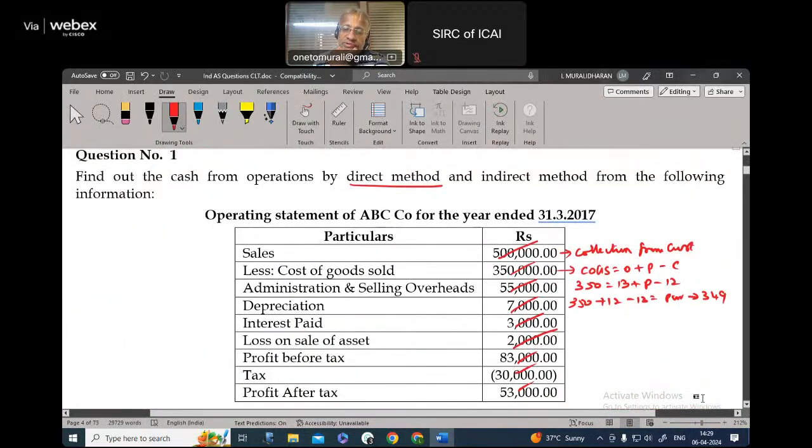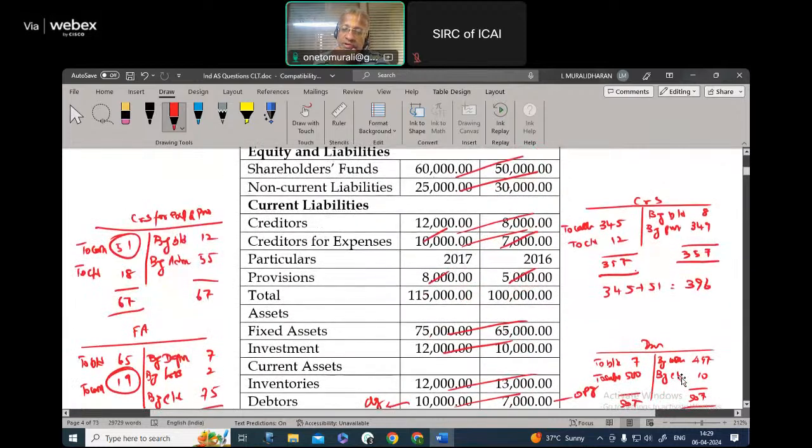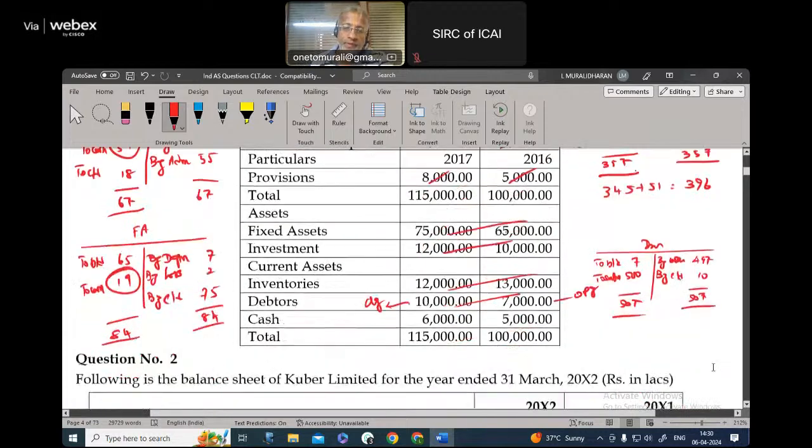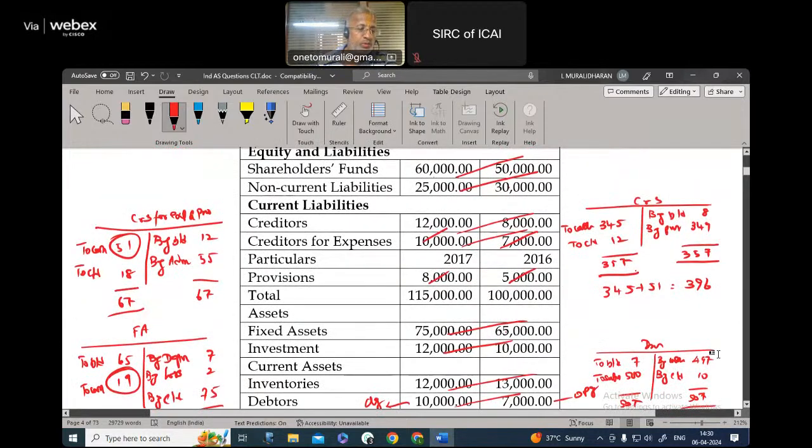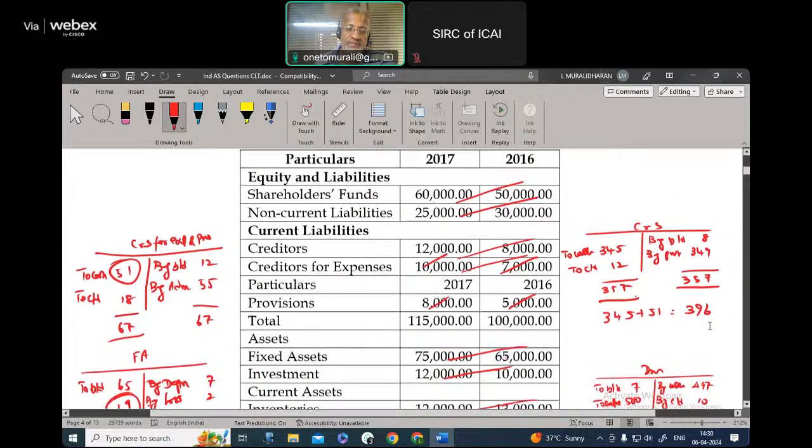Then purchases, 349. Well, then creditors account, 7 and 5, 12. Administration expenses, 55 we have taken up.